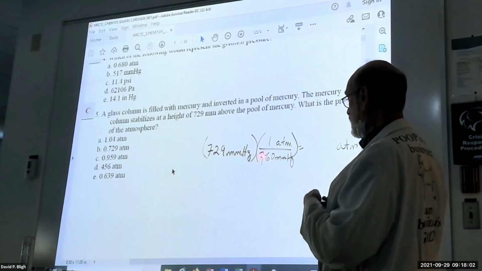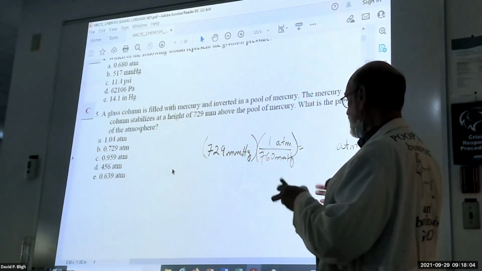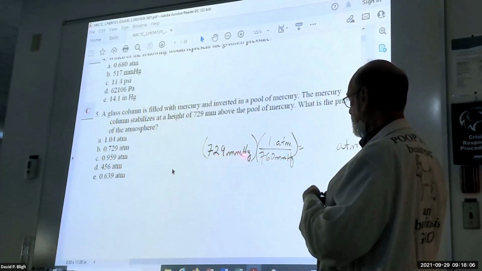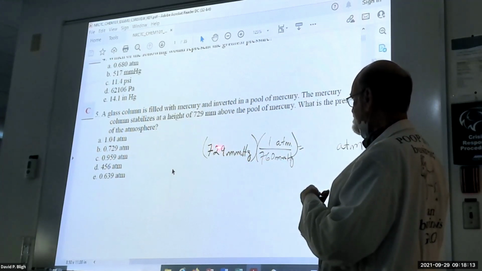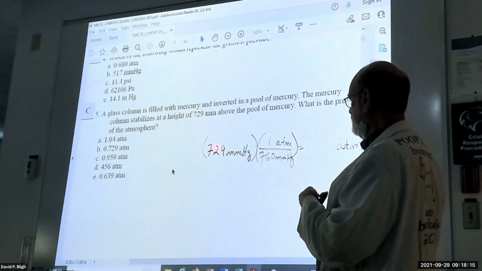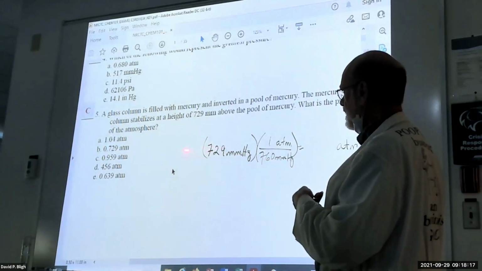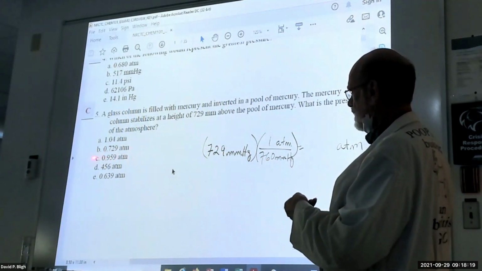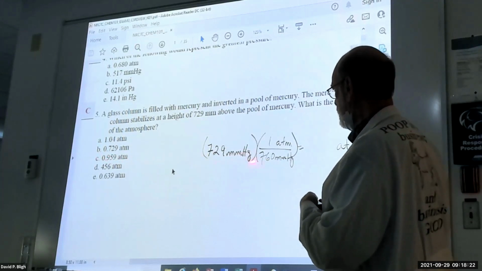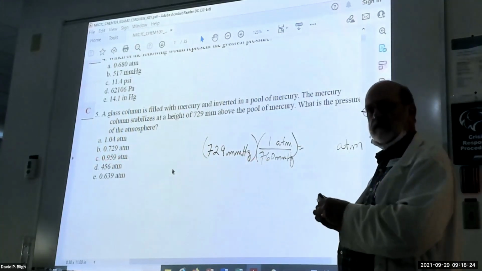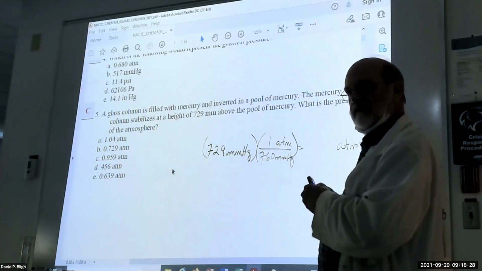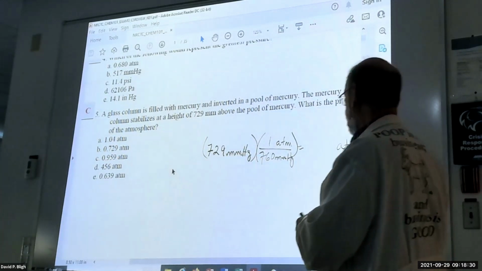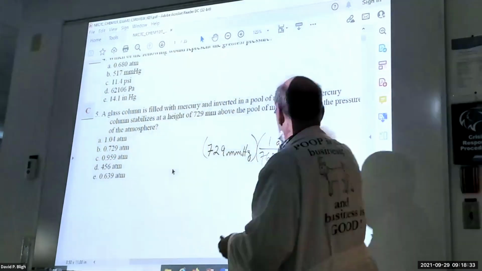No, it's not even 3/4. 3/4 would be in the neighborhood of, let's see, 500 something. It's got to be this one right here. They're very close to one another. So, if your calculator goes on the fritz, you can figure that one out. That's the beauty of multiple choice.